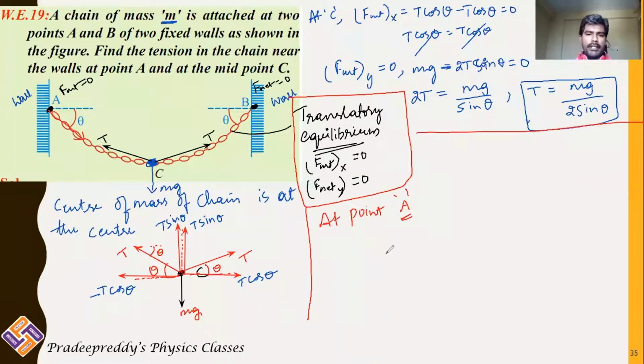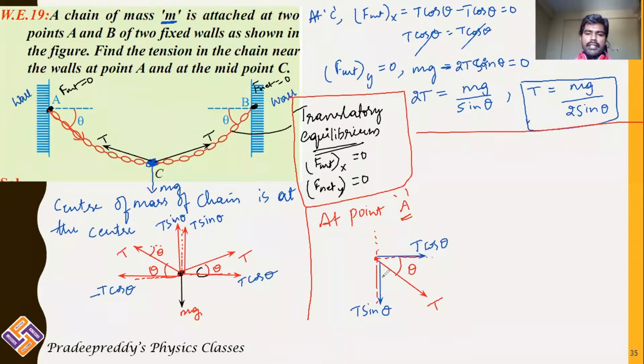This is the wall, and the tension is T, at angle theta with the horizontal. This T can be resolved into components because it is in the plane: one component along horizontal and the other along vertical. Therefore you can write T cos theta and T sin theta.